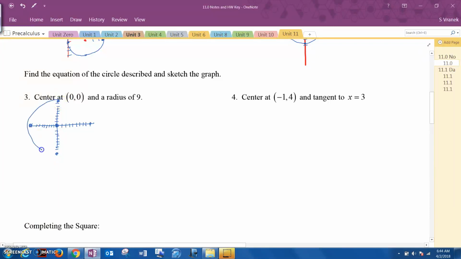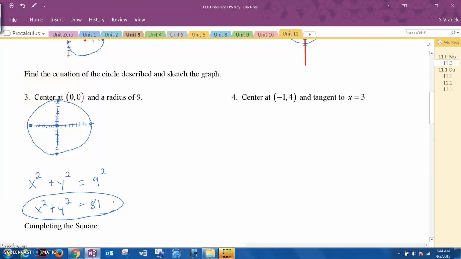So that's a big circle. Okay, so if the center's at (0, 0), hopefully you realize that the equation should be x squared plus y squared, because there are no numbers with them, equals, remember, this is not r, it's r squared, 9 squared. So the final answer to this equation is that.